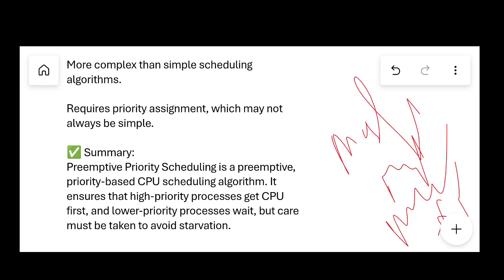Instead it looks at the priority of each process in the ready queue and always selects the one with the highest priority. If multiple processes have the same priority, most systems use first come first serve among them. But the main point is that priority rules over arrival time.